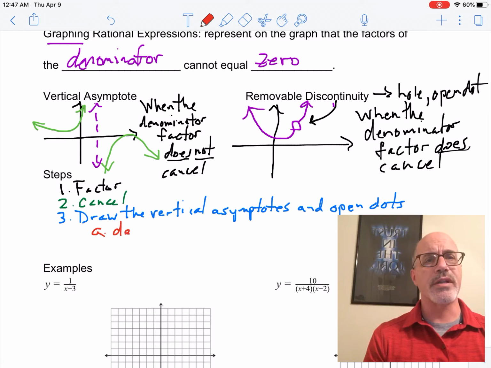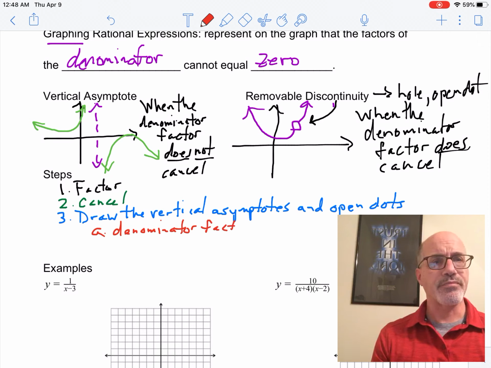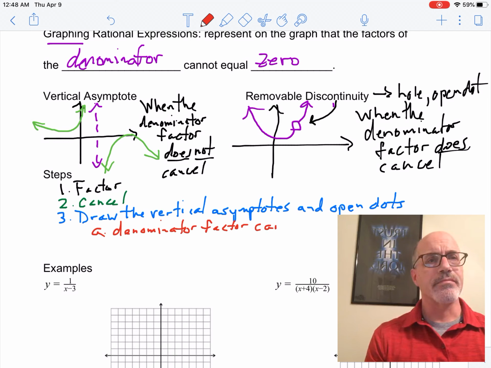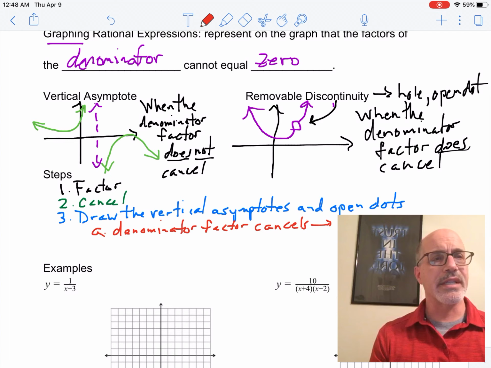So the first part is look for the denominator, and if you have canceled factors, then you have open dots. Okay, so what it says there is open dots when it does cancel.